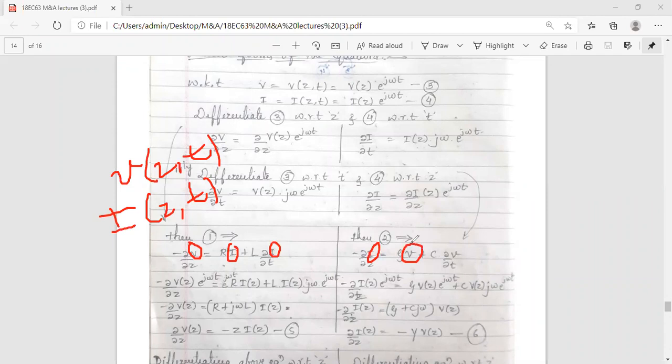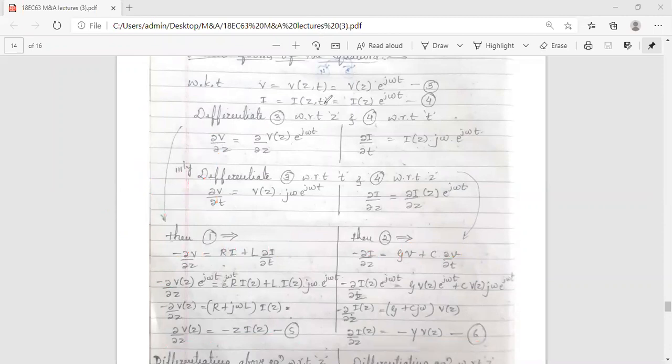V of Z, t and I of Z, t are replaced with simple V and I. Then further, we differentiated them, and in the previous session we had done till equation 5 and 6. Hope you remember till this.